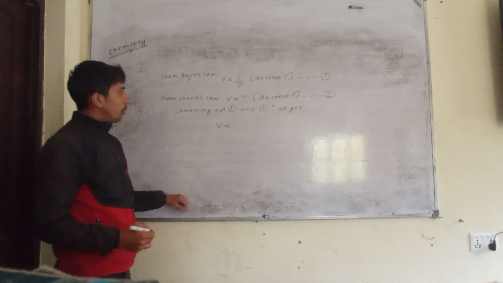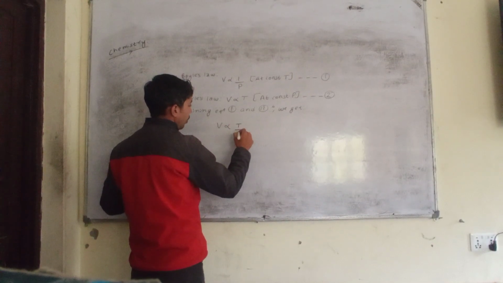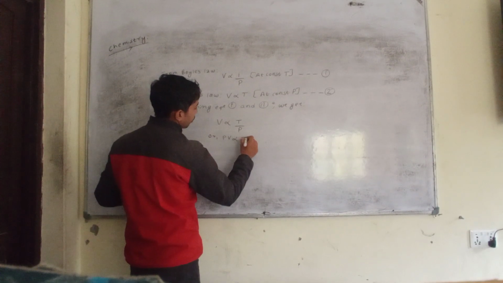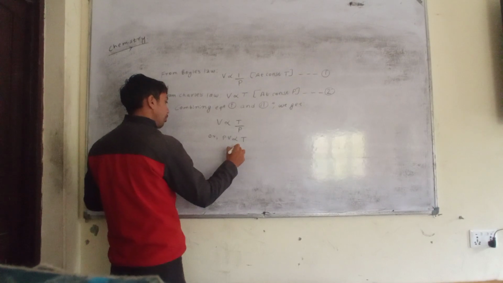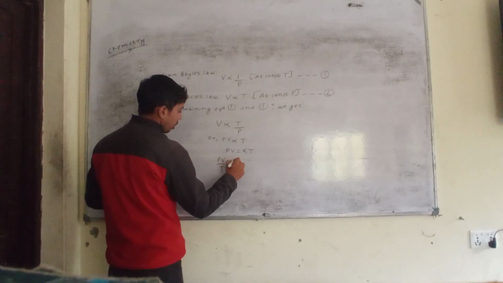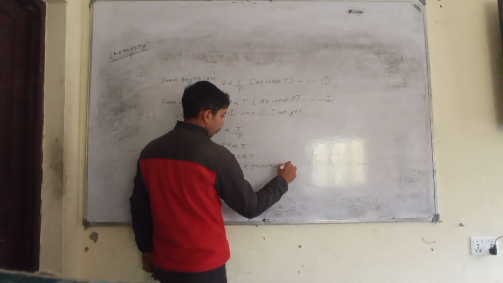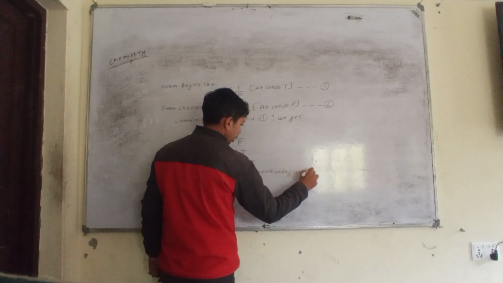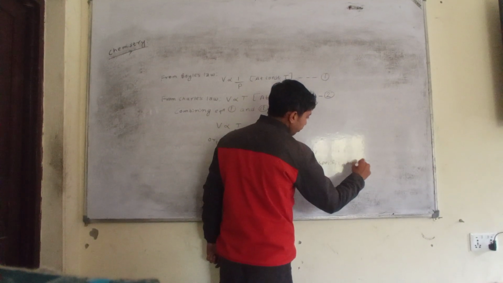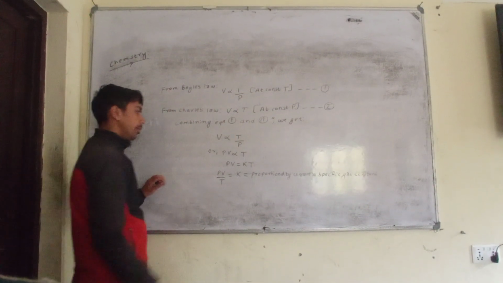In one part V is inversely proportional to P, and in the other part it is directly proportional to T. So V is proportional to T upon P, or PV is directly proportional to T. Therefore PV equals KT, which means PV upon T equals K. This is called a proportionality constant, or it is also called specific gas constant, whose value depends upon the quantity of the mass.